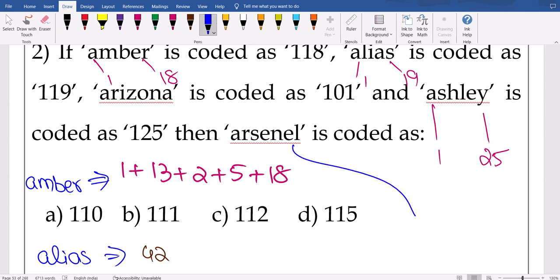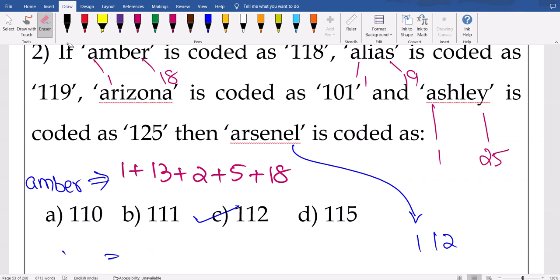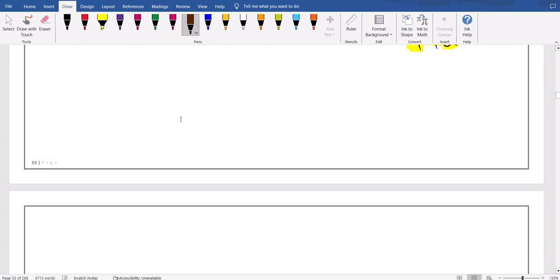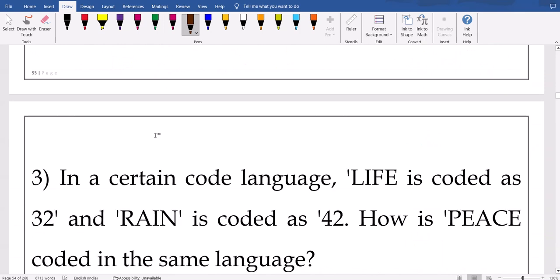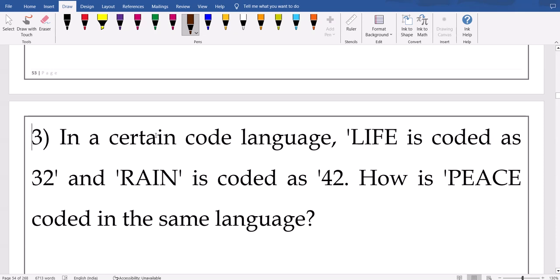So for Arsenal, 1 and 12. They are copying only the first and last letters. That's what we have as an update. Even if we know a lot of things, we can still get updates here and there. That's why this company's questions are a bit important.